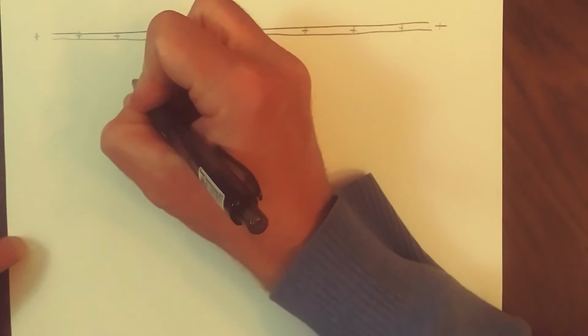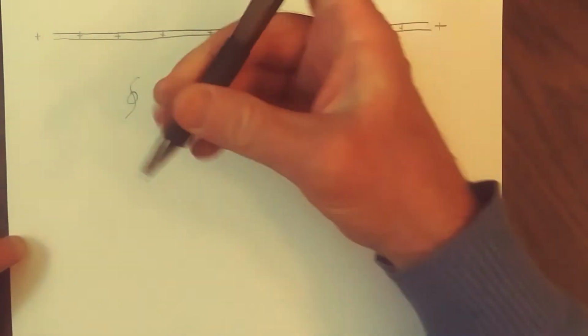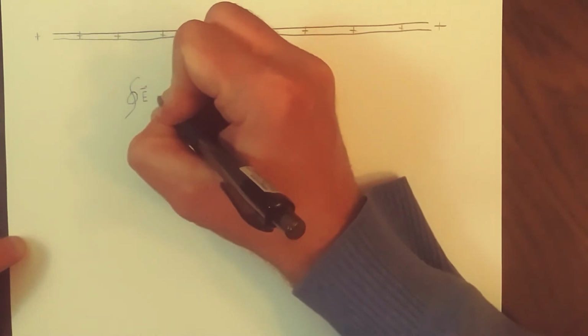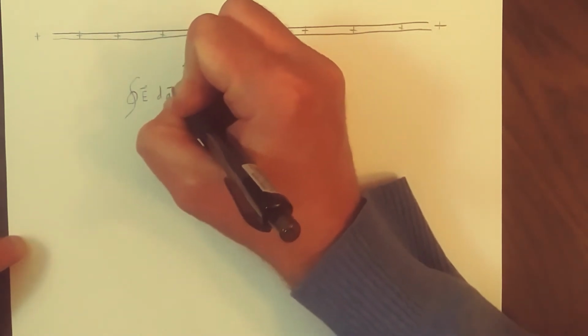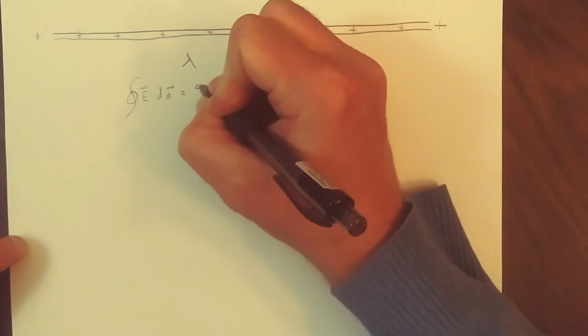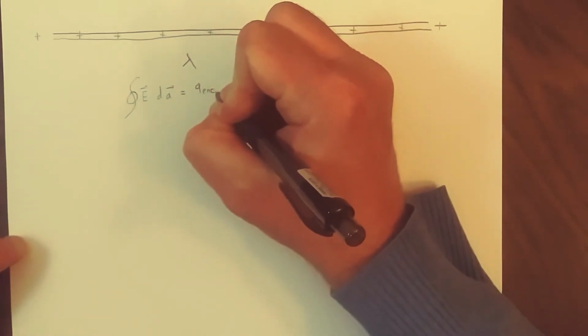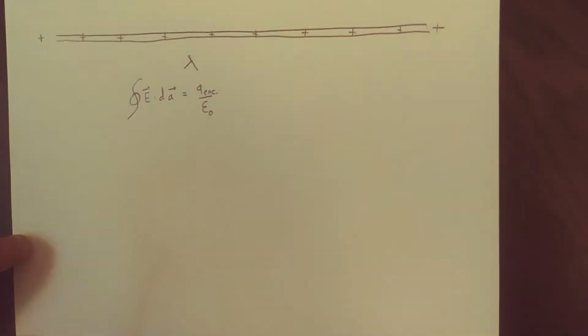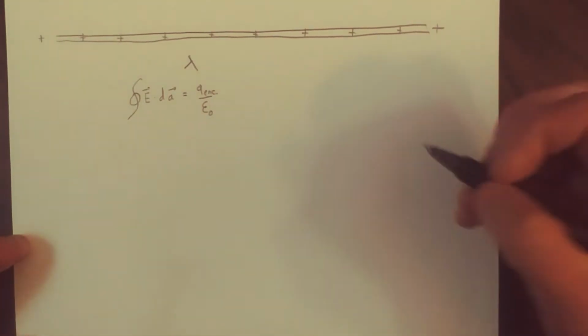So what does Gauss's law say? Well, it says that the integral of the electric field over a closed surface is equal to the charge inside of that closed surface divided by a number, epsilon naught.